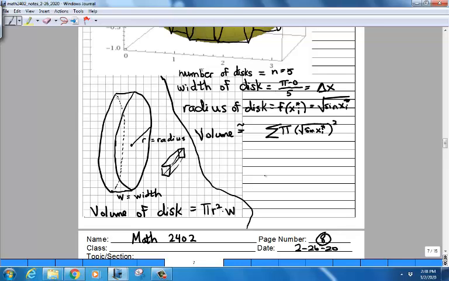Square it. And then multiply by what? The width. What did I call the width? Delta x. How many of these terms are we adding together? From 1 to what? 5, or the number of disks that we pick, which in this example that I drew was 5. So if we did all these calculations, that would give us an estimate for the volume.